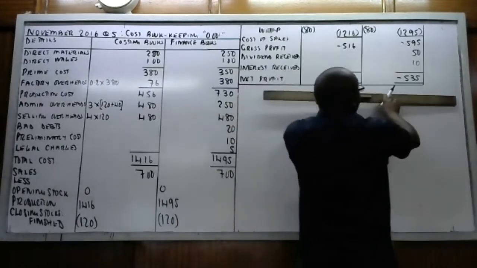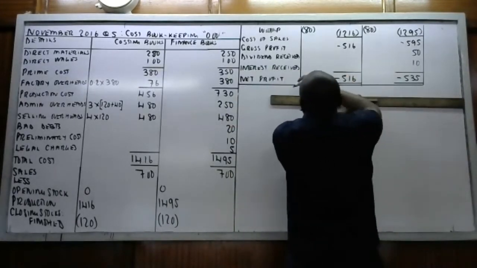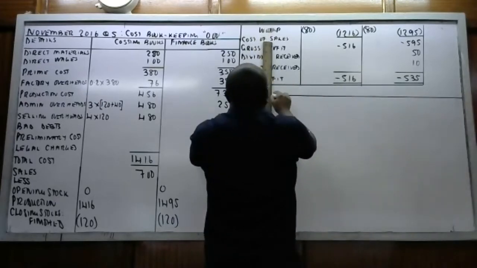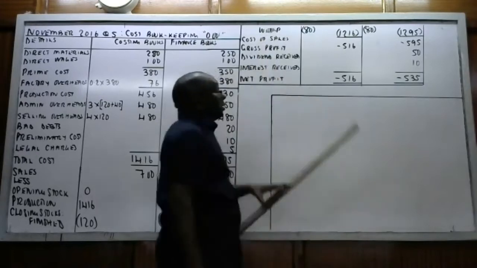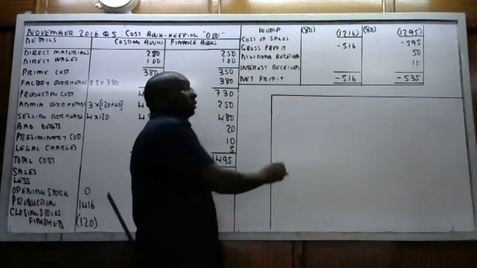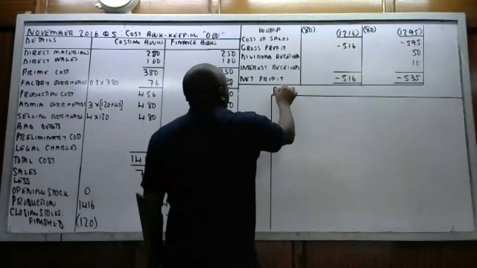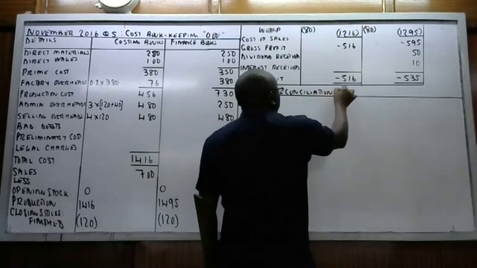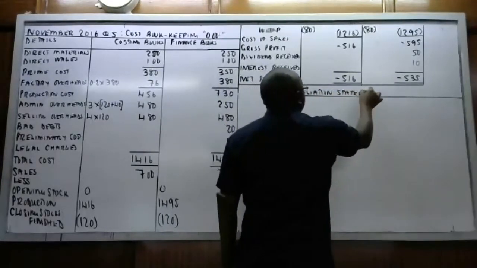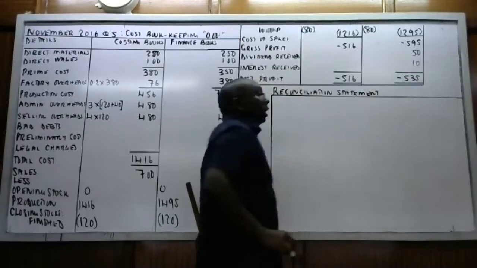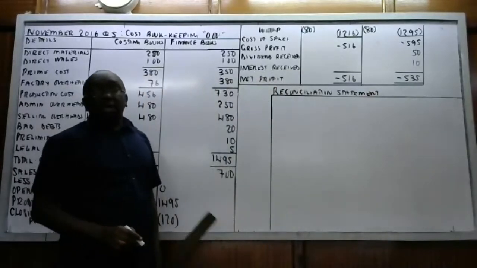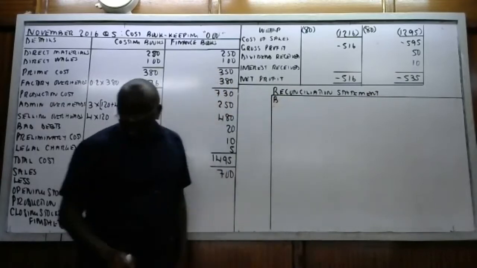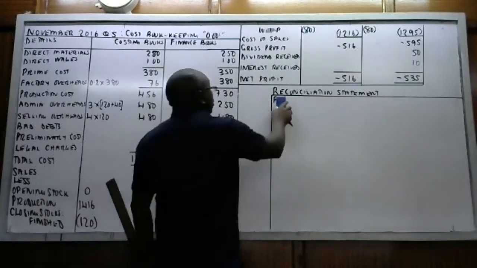So from there now, you are told to prepare a reconciliation statement. When we are doing the reconciliation, we always begin with profit per costing books.